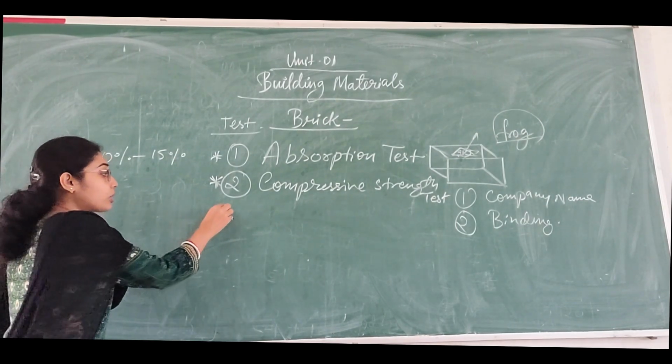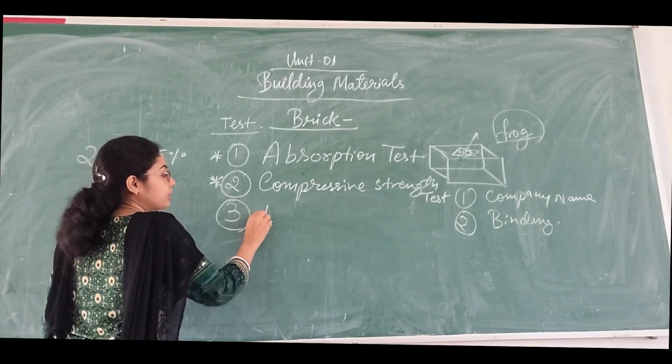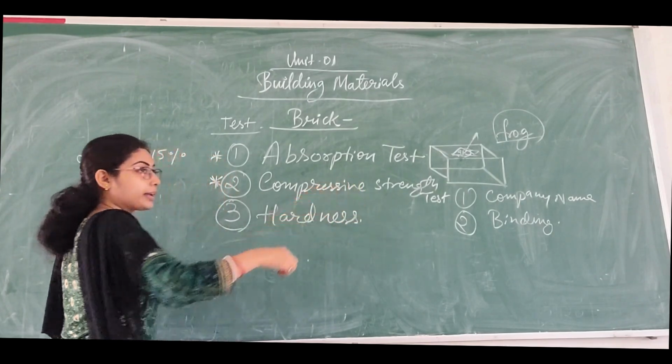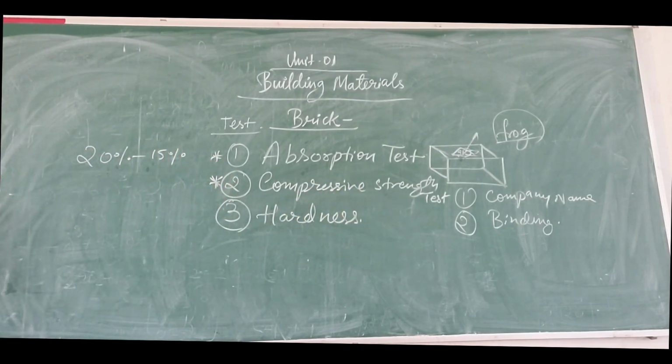Okay, number three is hardness. How can you test the hardness of a brick? Take a brick, especially girls, those who have long nails, right? Scratch it on the brick. If there is any impression on the brick, then the brick is not hard, right?